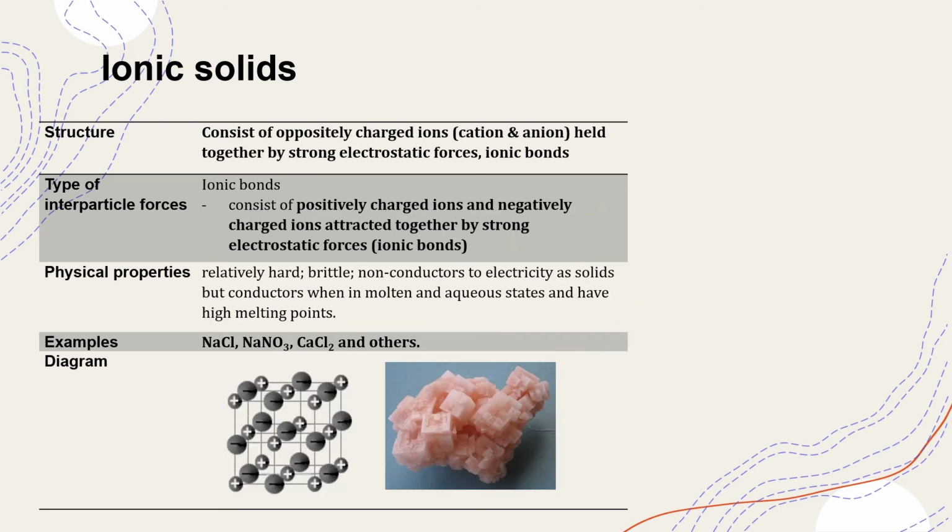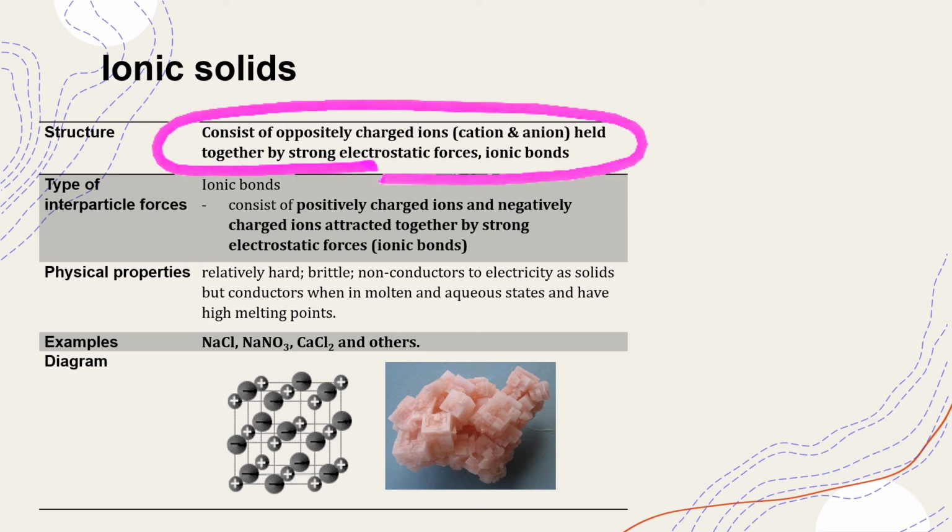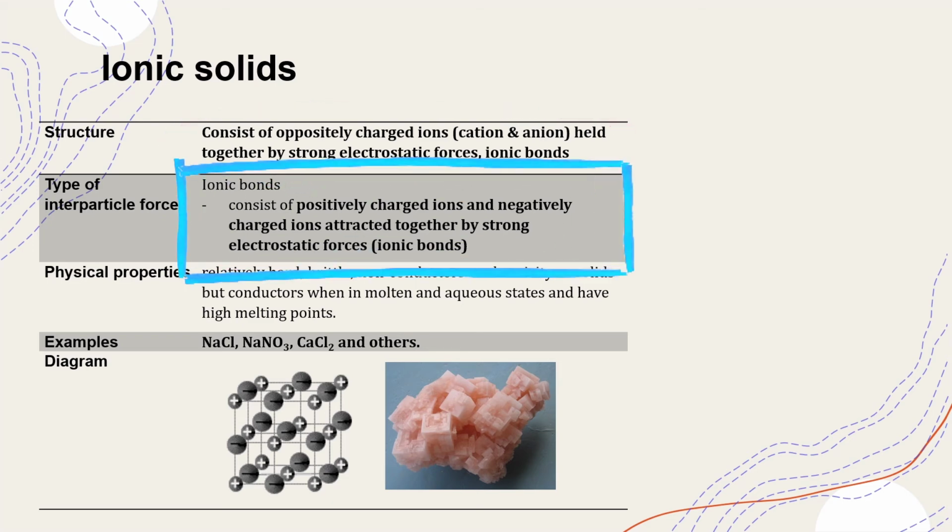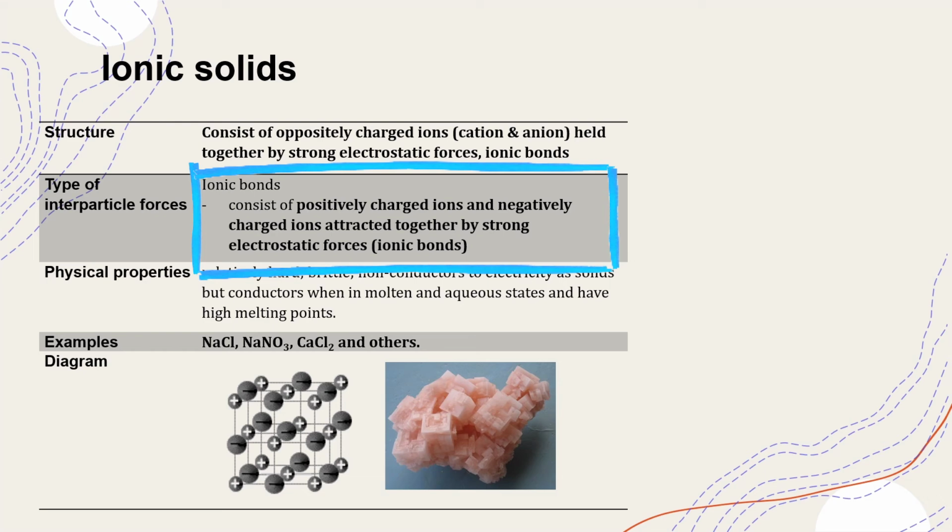For ionic solids, the structure consists of positively charged ions, cations, and anions held together by strong electrostatic forces called ionic bond. So the interparticle force is the ionic bond, the electrostatic force that holds the positively charged cation and the negatively charged anion together.